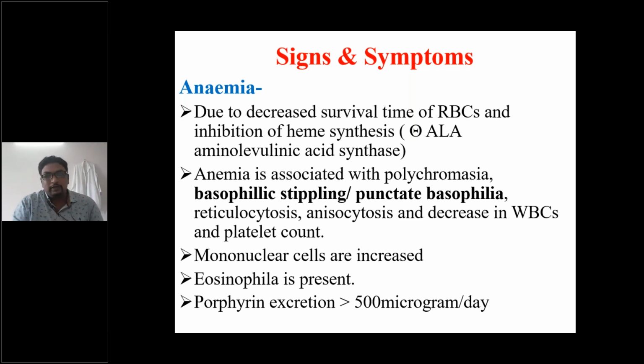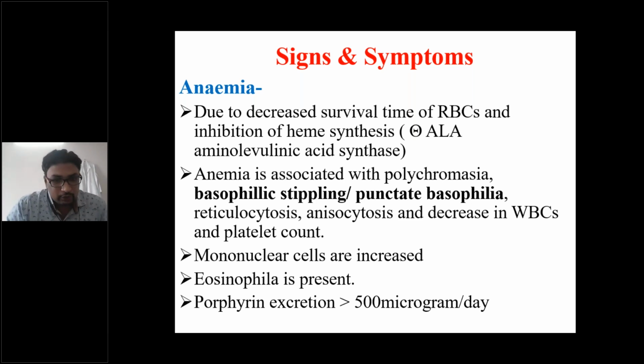Anemia is associated with polychromasia and then basophilic stippling, or punctate basophilia. Very, very important. If you watch the RBC under the microscope, basophilic means blue color stippling. Blue color marks can be seen in the cytoplasm of the RBCs, and these blue stipplings are nothing but the products of incomplete heme synthesis.